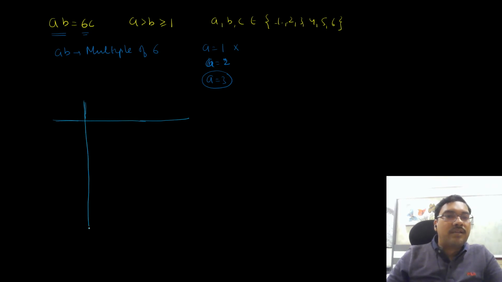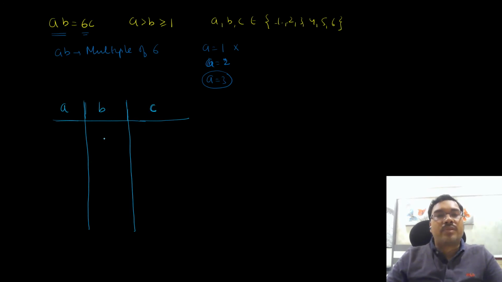So I'll just make a table so that it will be clear. So let's say this is the number of elements in set A, this is b, and this is A intersection B. Okay. So let's say if set A has 3 elements, that is, the number of elements favoring event A is 3, then b is equal to 2, and if ab is equal to 6, then obviously c has to be equal to 1, because we have this condition satisfied.